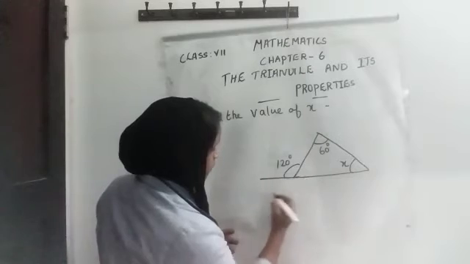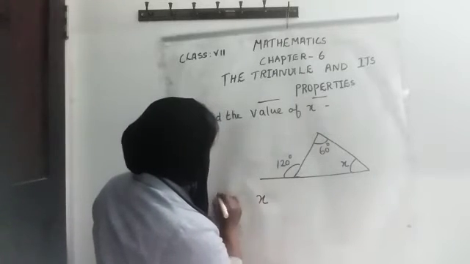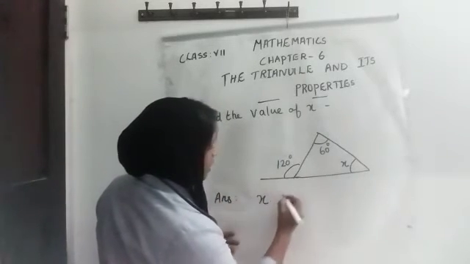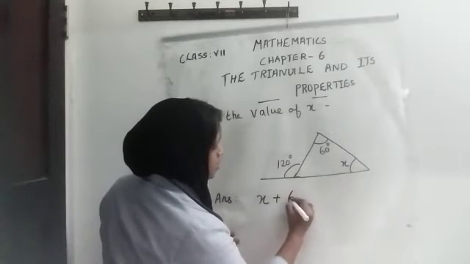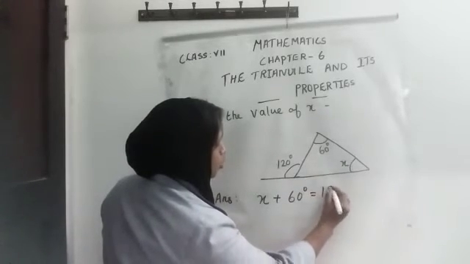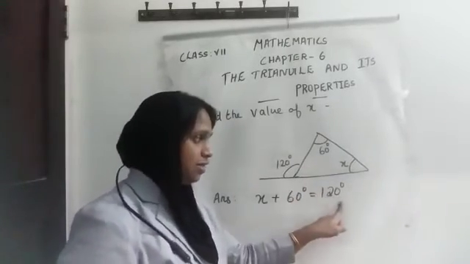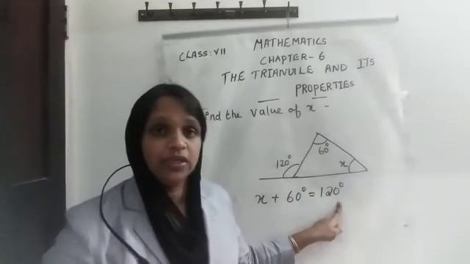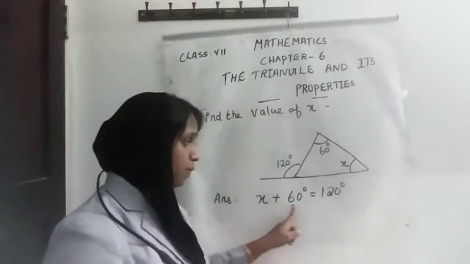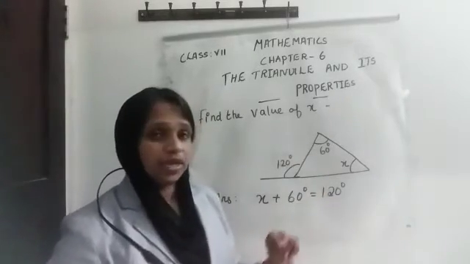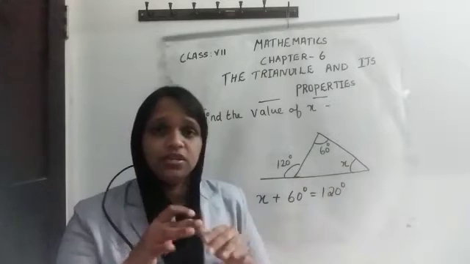So here we know that x plus 60 degree is equal to 120 degree. That means the exterior angle is 120 degree. That exterior angle is equal to the sum of interior opposite angles, because 60 degree and x are interior angles.